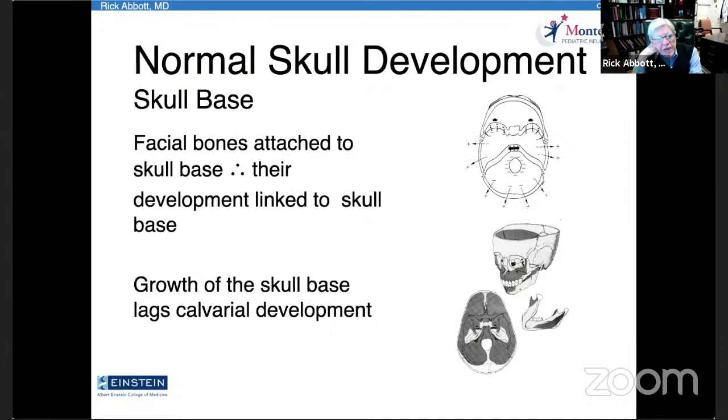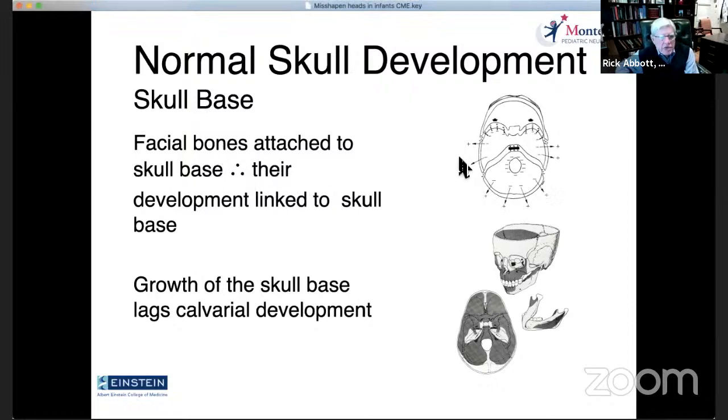The facial bones are attached to the base of the skull. The base of the skull does not have the displacement to the extent that you see in the calvarium, and for that reason, it grows more slowly. It does not have the tensile forces being applied to it that one sees on the calvarium.